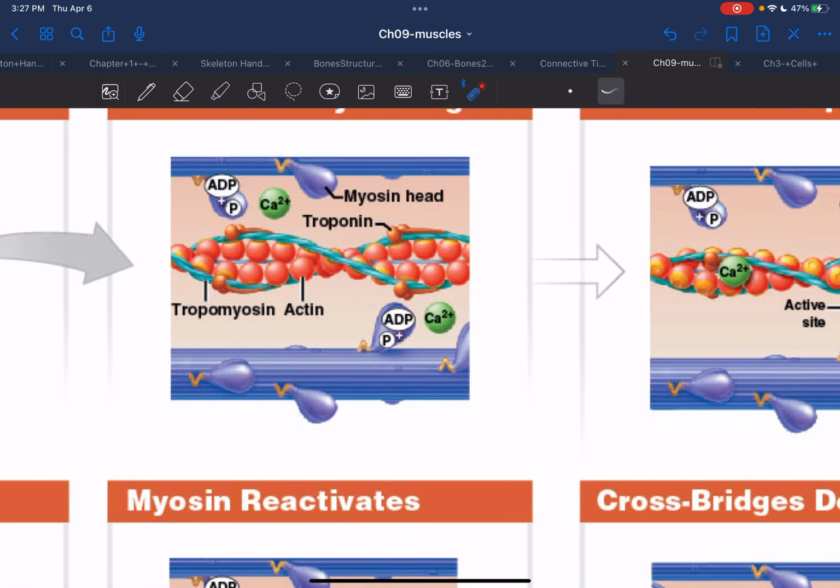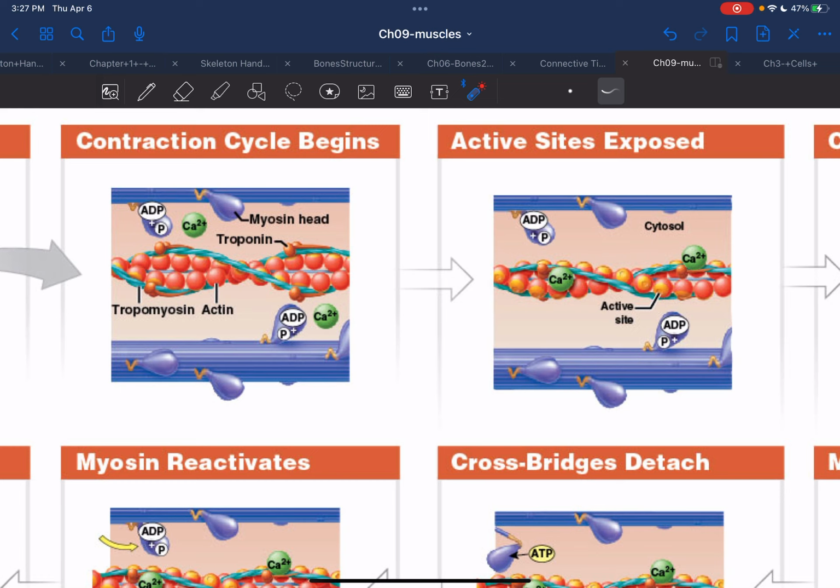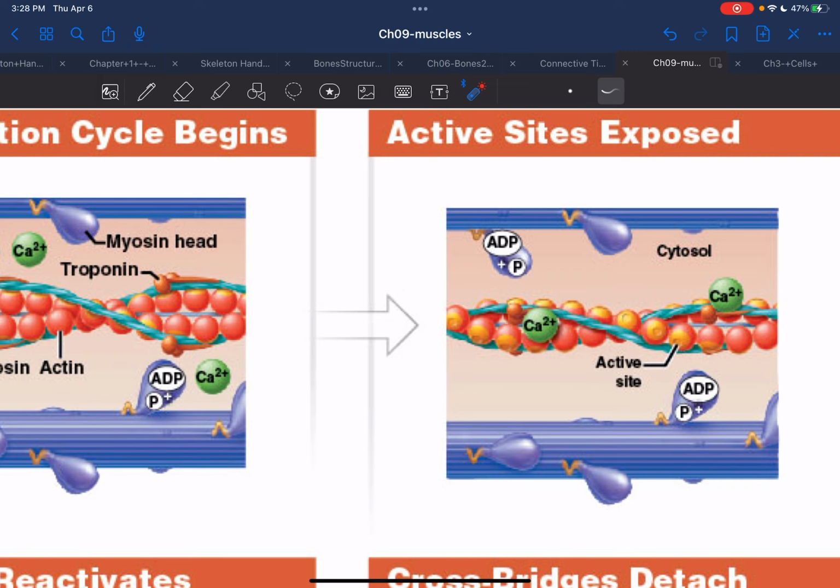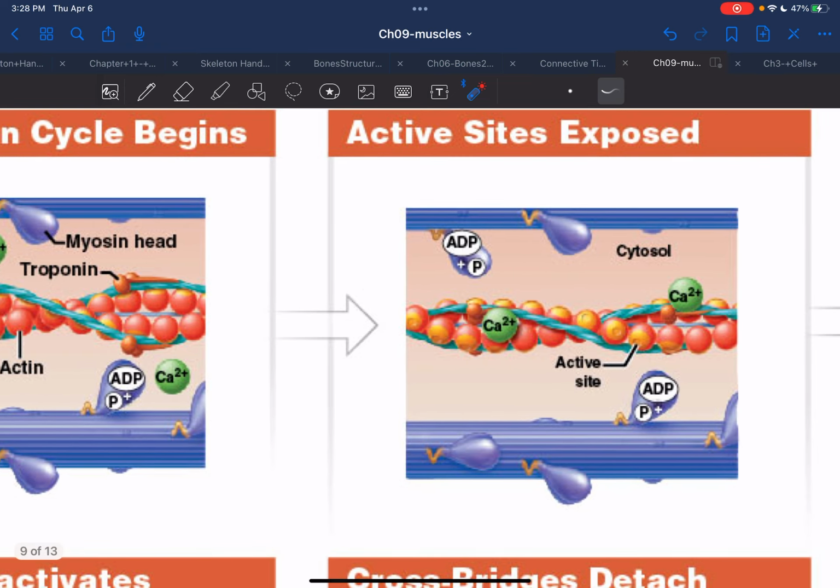And so in the presence of calcium, calcium will bind to troponin. And then what we'll see happen is that now we can see all these active sites completely exposed. And here we're even seeing our calcium bind to these troponin molecules and exposing those active sites. And that allows now an interaction, a cross-bridging between the thick filament and the thin filament.